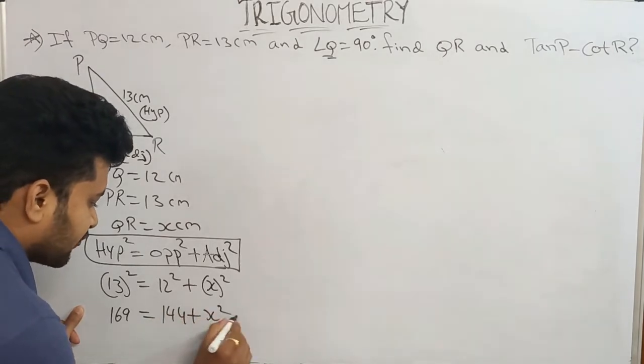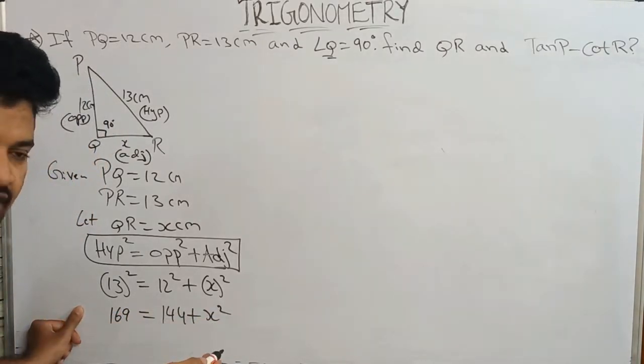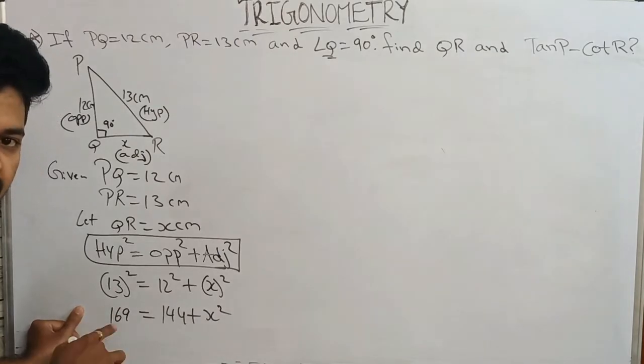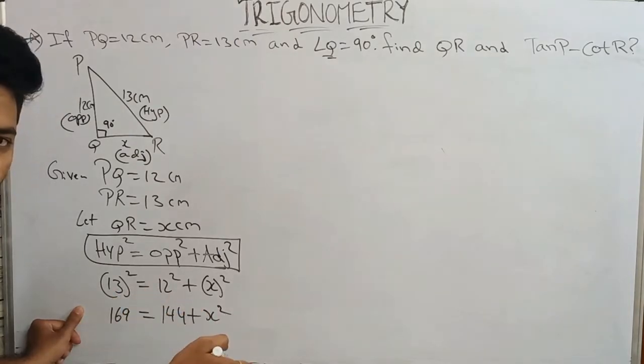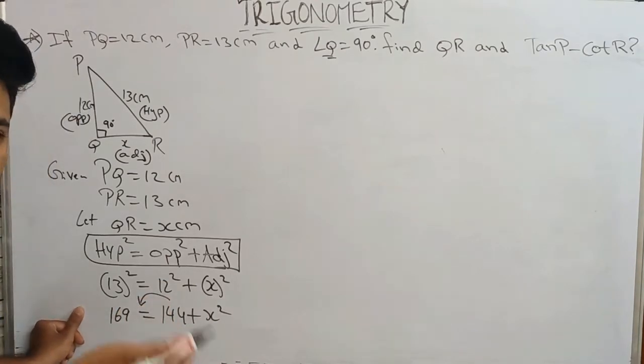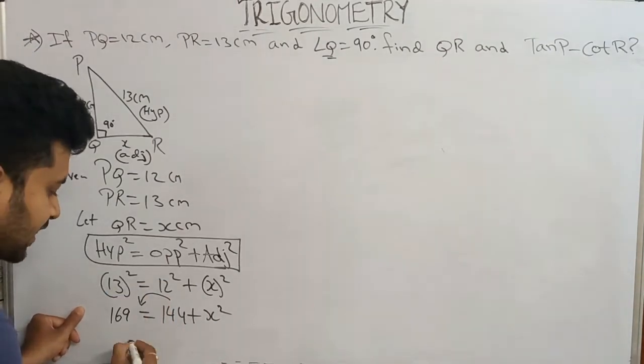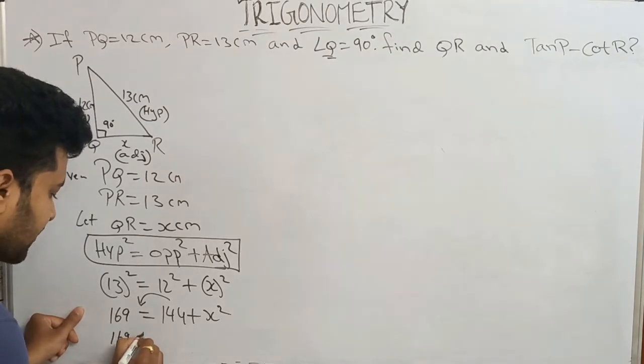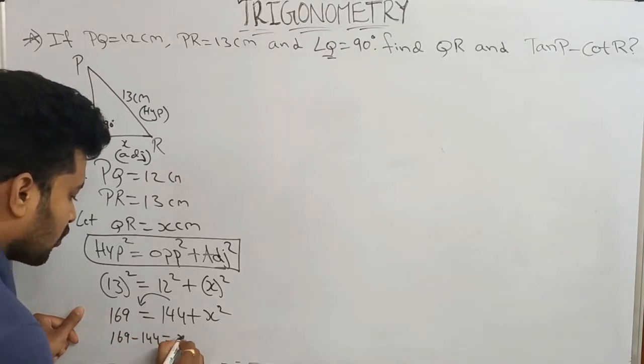Plus X square. Here on the right side we have 144, on the left side we have the bigger value 169. So we will shift this smaller value from the right side to the left side. It will be subtracted. After shifting it will become minus 144. 169 minus 144 is equal to X square.